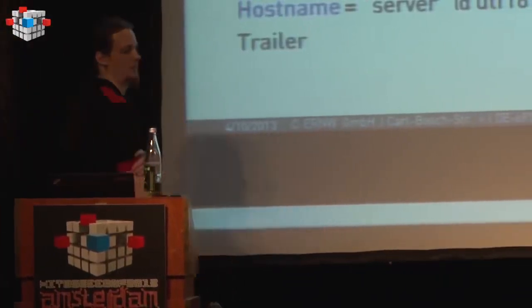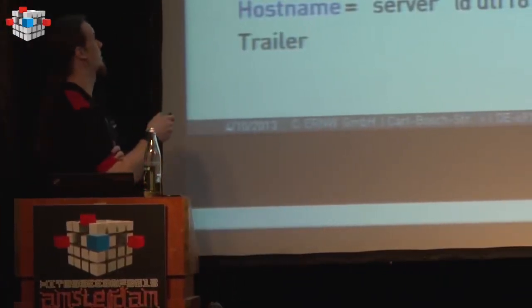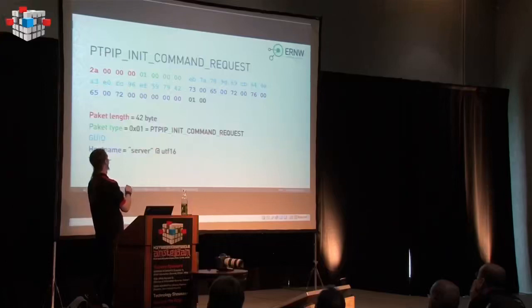Yeah, this is what the packet looks like in hex. So you got the packet length in front. You got the packet type afterwards, which in this case is just a 1 for the init command request. Then you got the GUID, this blue string, which is your secret you shared with the camera.